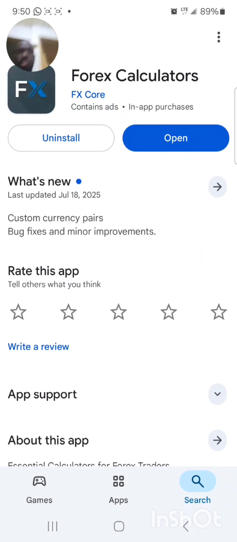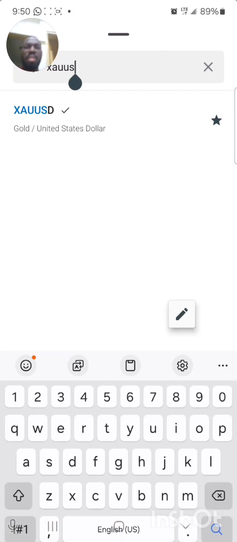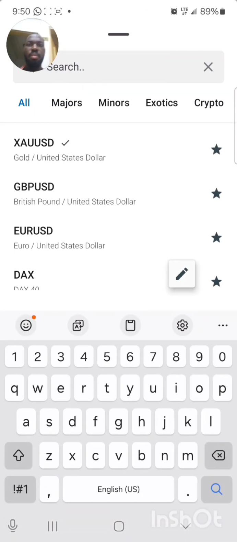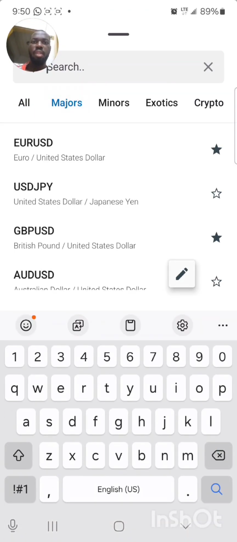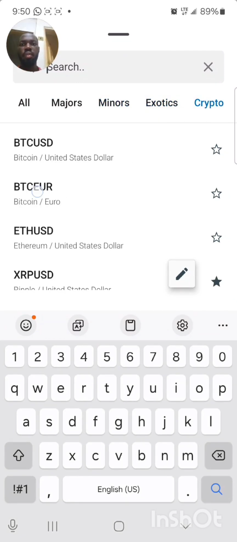That's where we are now. Any other pair, you can calculate as many pairs as you want. Be it crypto, you see all major pairs. You have major pairs, minor pairs, exotics, and crypto. So all things can be calculated here. You understand? So this is how to use the Forex calculator.